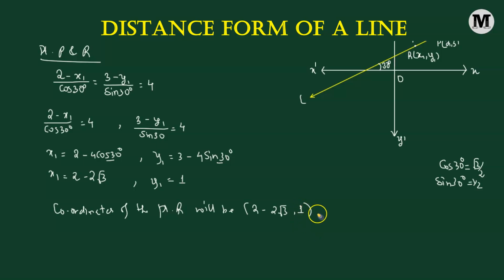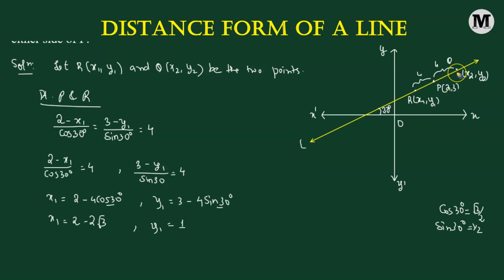Now let us find the coordinates of the other point Q. Clearly Q lies to the right of the point P, so we use the distance form of the line accordingly.